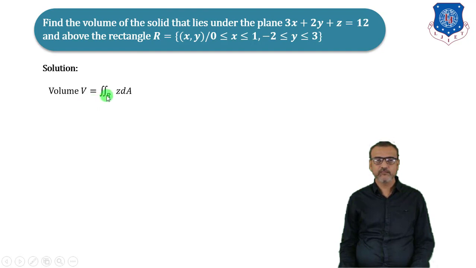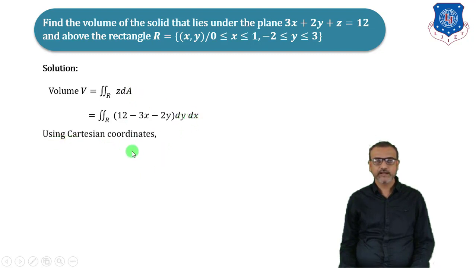Volume V equals the double integration of z dA over the given region R. Z is nothing but 12 minus 3x minus 2y, and dA is dy dx.